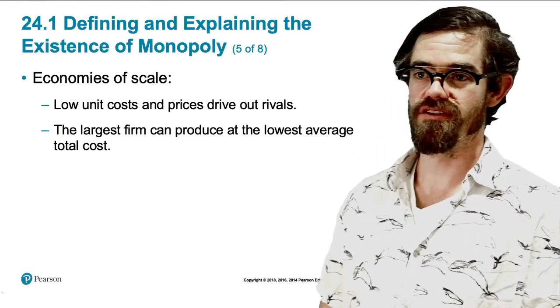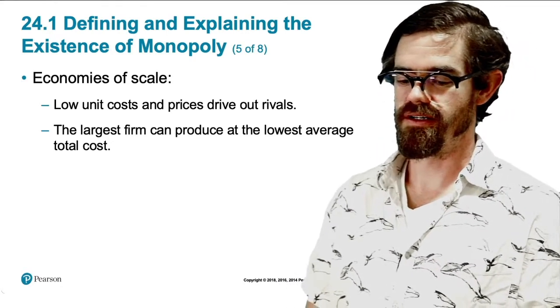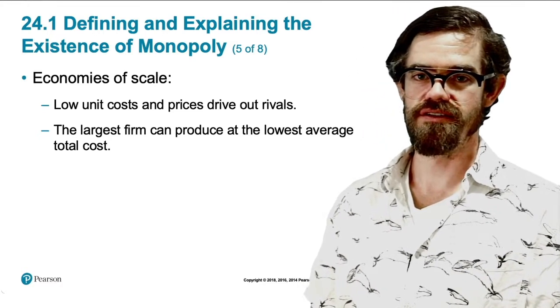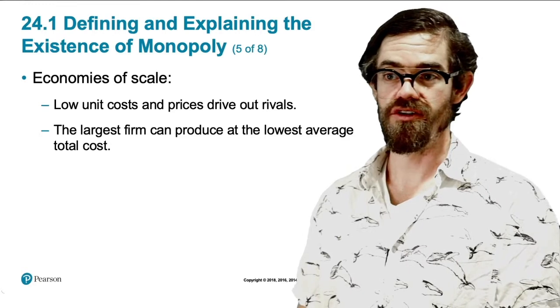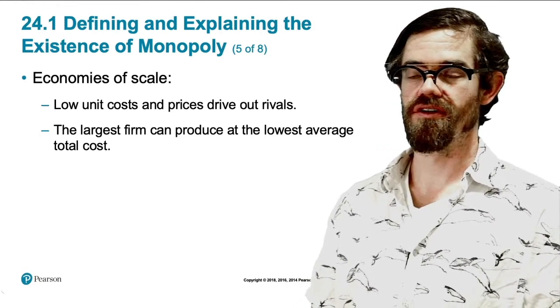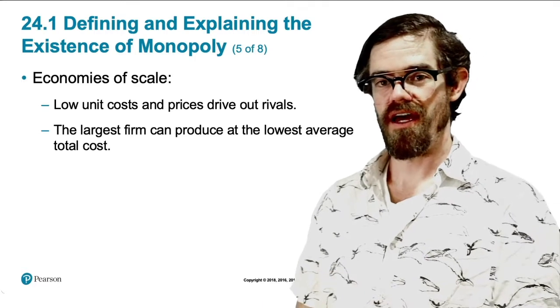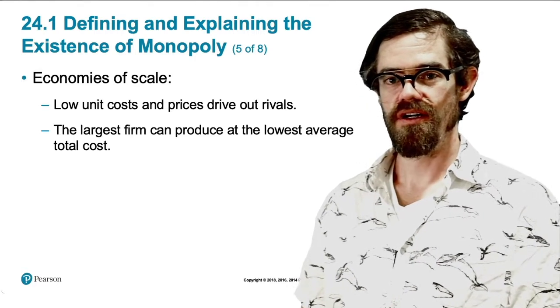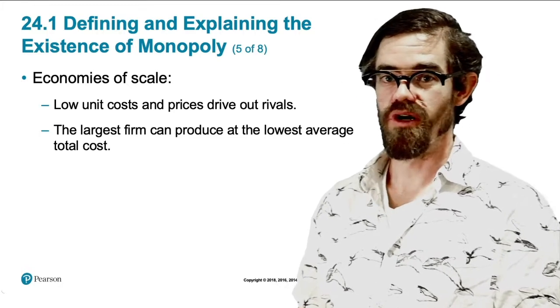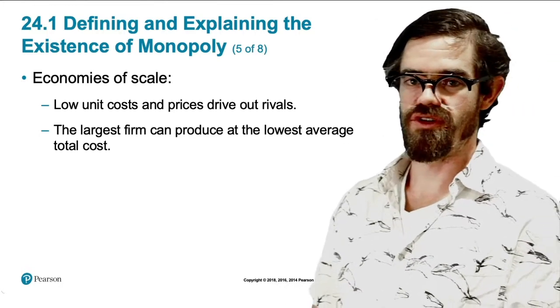So this is theoretically the predatory practice that Walmart has engaged in, right? They enjoy large economies of scale because of their size and their operation, and so they're able to drive down their average total cost very low, much lower than that of mom and pop shops, small businesses, and so they were able to drive them out of business.